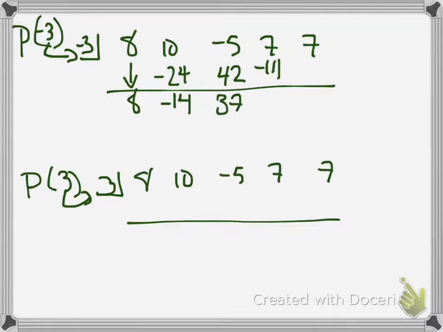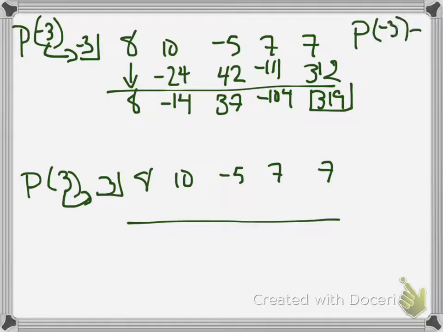Plus 7 would be negative 104. Times a negative 3 would be positive 312. So I get a final answer of 319. So p of negative 3 was equal to 319, because when they give it to you like this, they just care about that remainder.